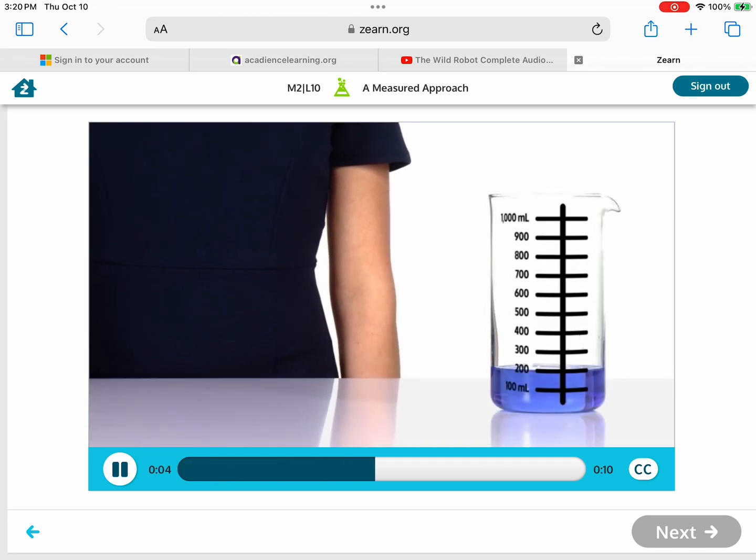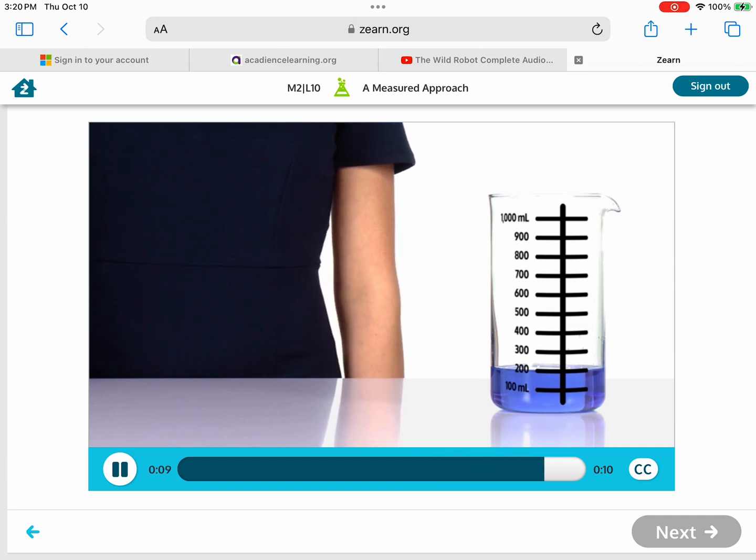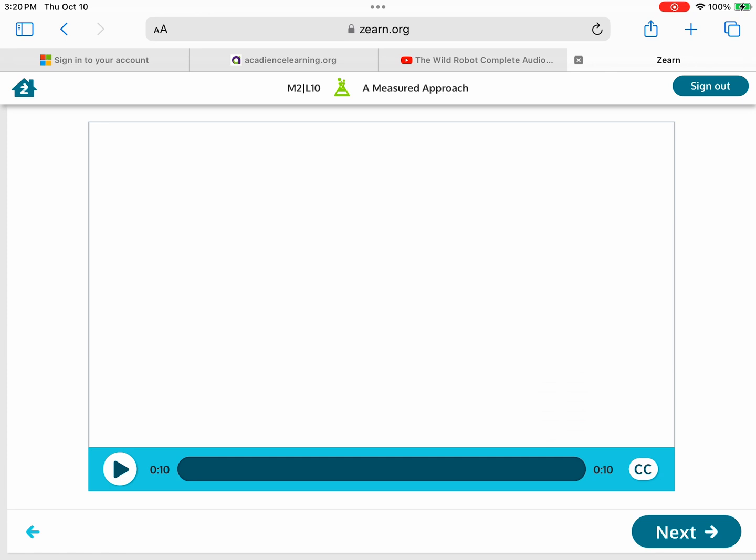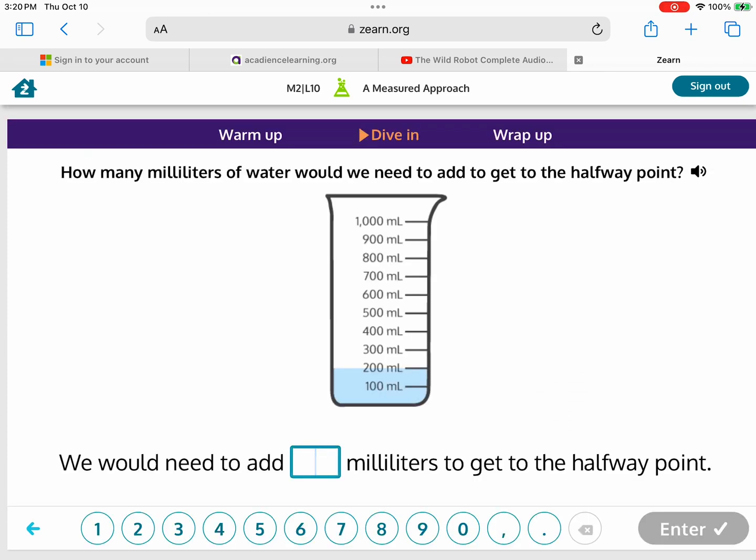How many milliliters would we need to add to get to the halfway point? Let's figure it out. How many milliliters of water would we need to add to get to the halfway point?